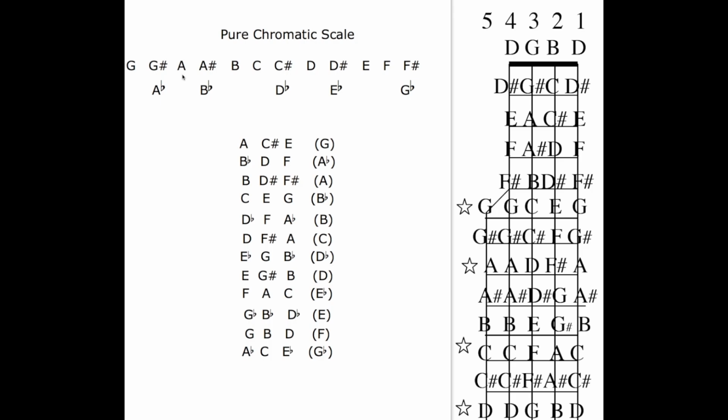Let's say then we want to make an A chord. A is X, plus 1, 2, 3, 4 gives us C sharp, plus 1, 2, 3 gives us E. A, C sharp, and E gives us an A chord. Let's do a C chord.